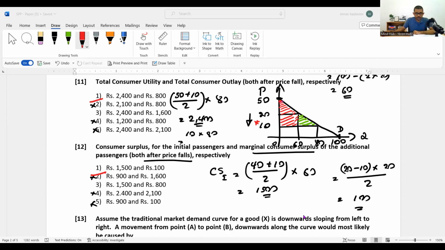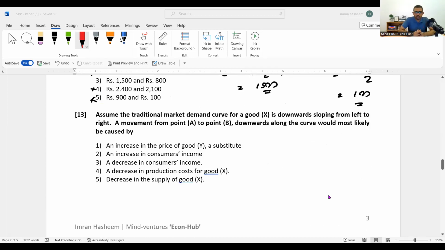Right. Okay. Then question 13. Assume the traditional market demand curve for good X is downward sloping from left to right. A movement from point A to B downwards along the curve would most likely be caused by what? When they say you're moving along, they will say whatever the curve or function.